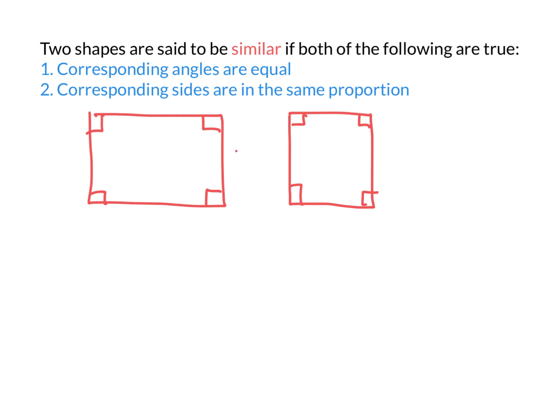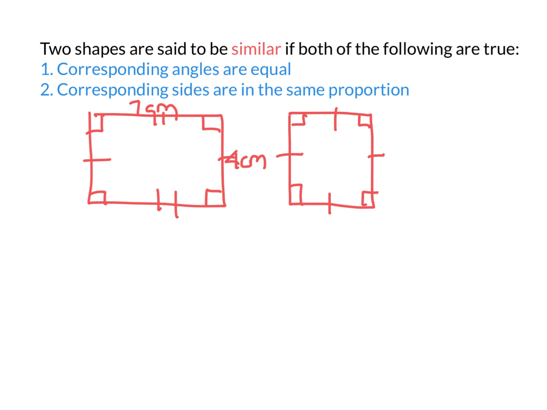Let's say this rectangle, for example, is 4 centimeters wide, 7 centimeters is the width. We know that all rectangles and all squares have all four angles equal to 90 degrees. So clearly, these two shapes satisfy the first condition. They have corresponding angles equal, but their sides are not in the same proportion.